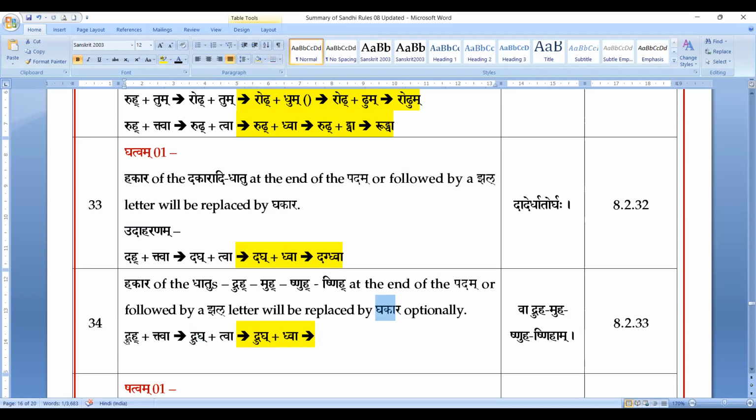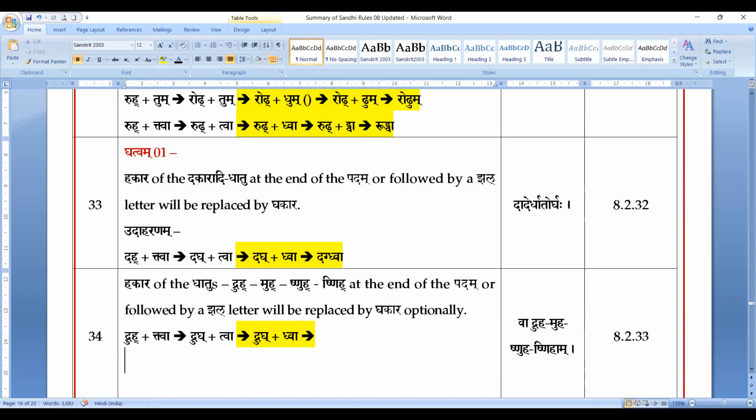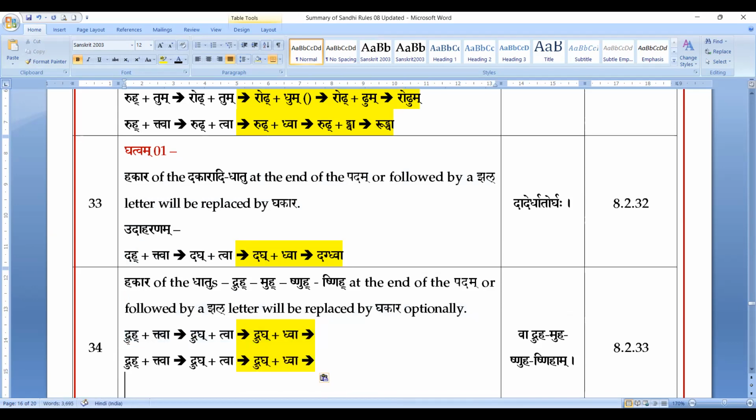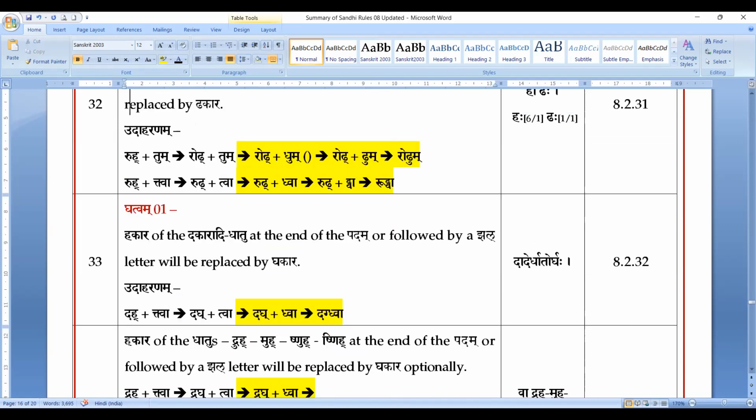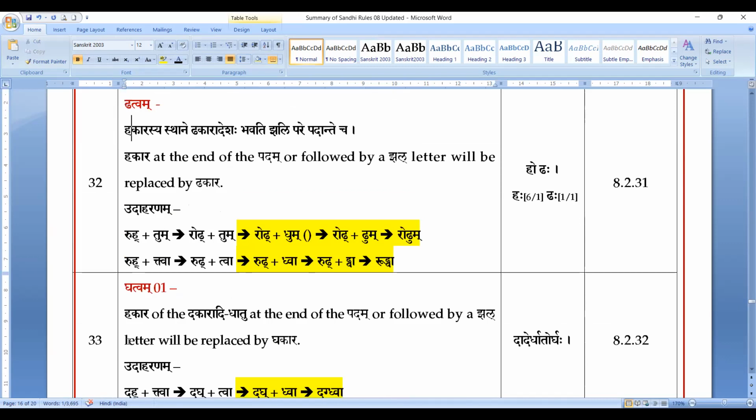If Gakara does not replace Hakara, then what will happen? Hakara will be replaced by Dakara: Hakarasya sthane Dakara Adesha bhavati. That is the Utsarga rule. We say Hakara will be replaced by Dakara, and for a Dakara-Adi Dhatu, Hakara replaced by Gakara is the exception.